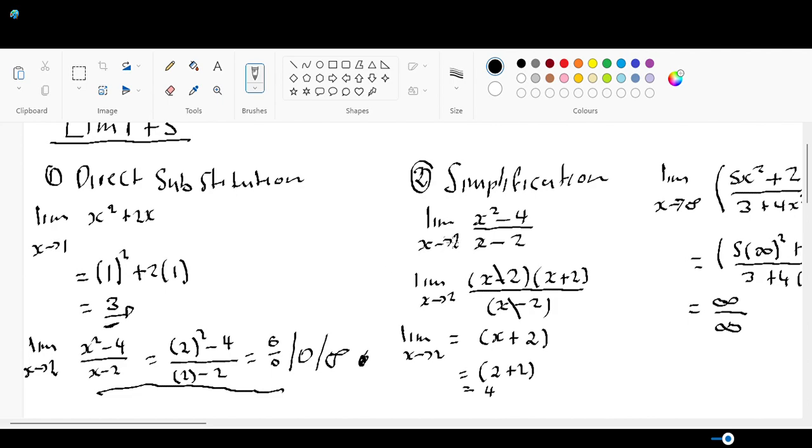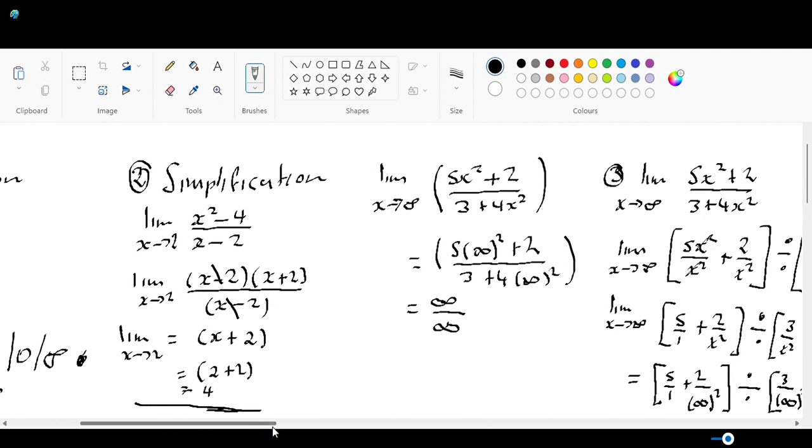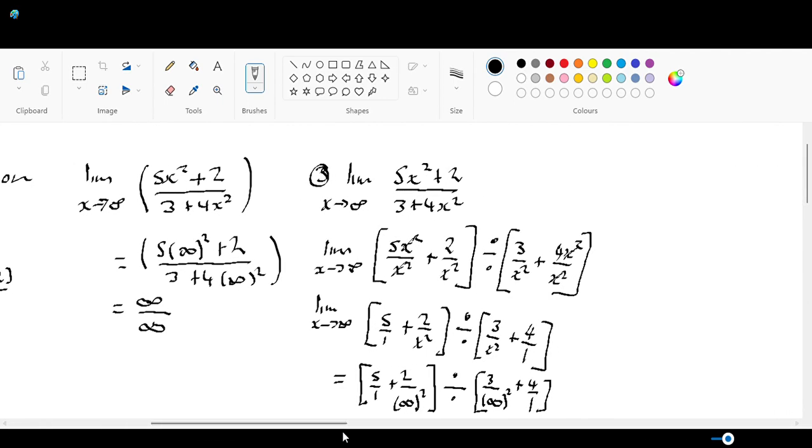As we simplify, we get to this point, then we do direct substitution, and our answer gives us 4.